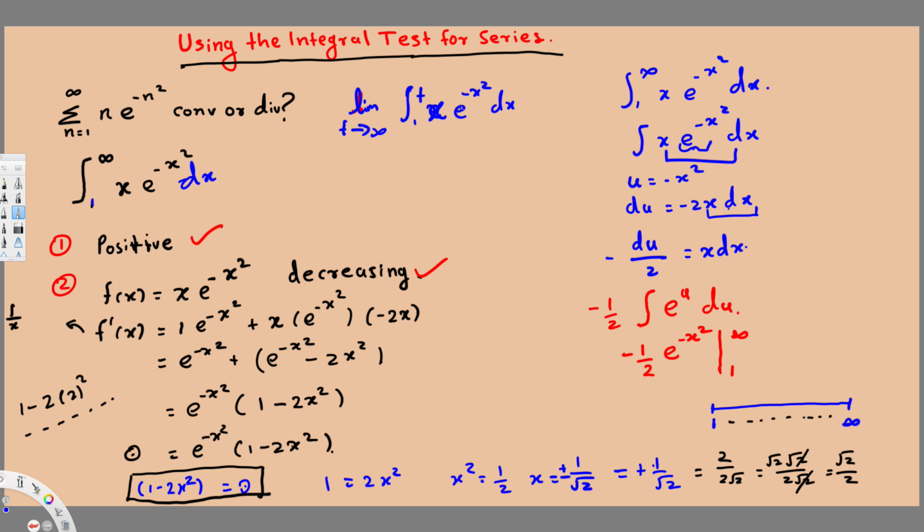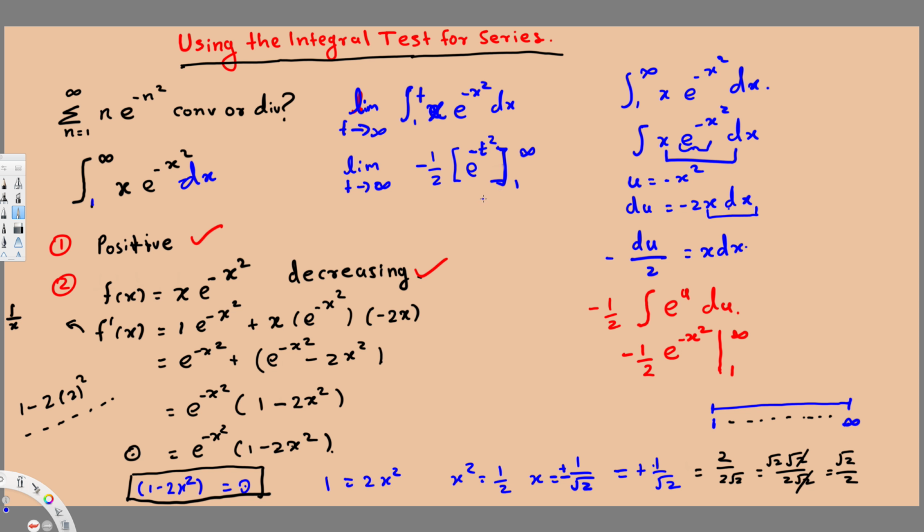We already did the integration, so now we can take the limit directly. Limit as t approaches infinity of minus half e power minus t square, going from 1 to infinity.